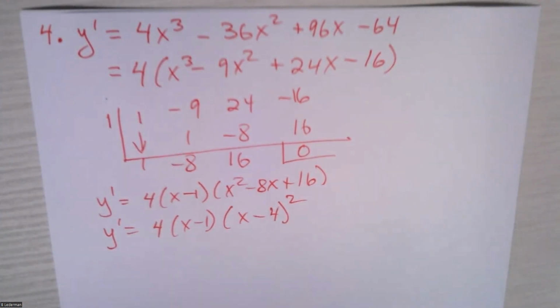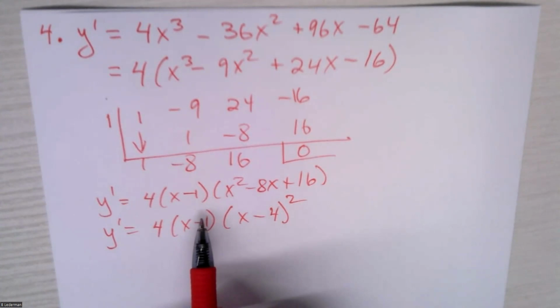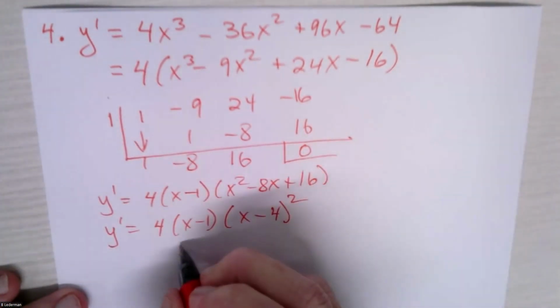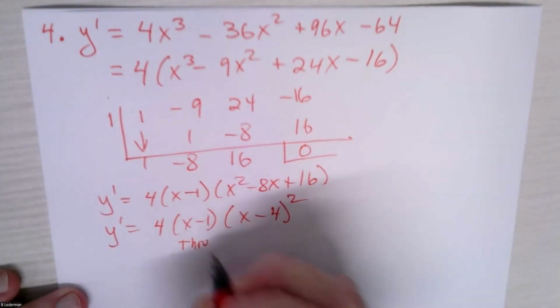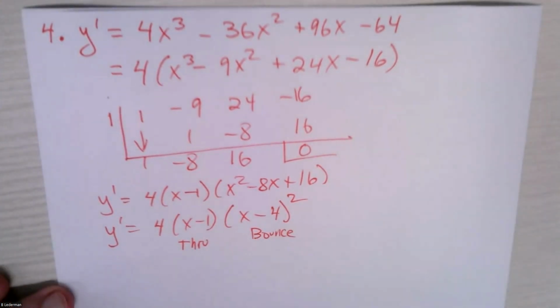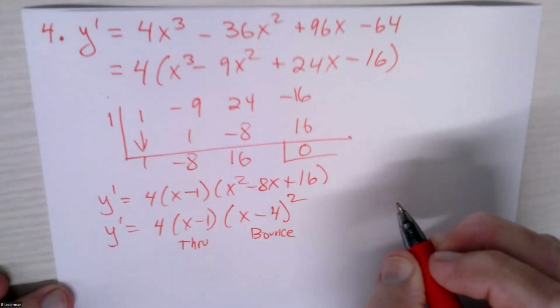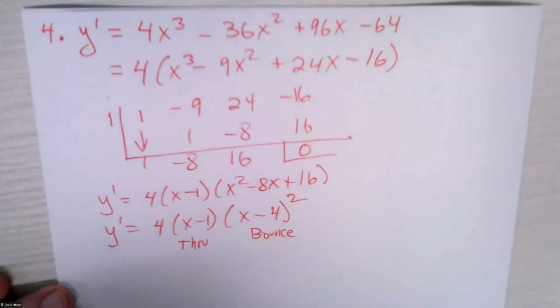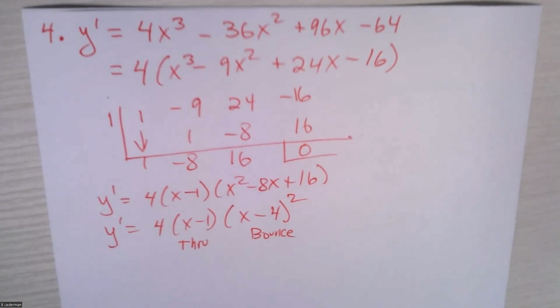Well, that means it's going to go through at x equals 1, and it's going to bounce at 4. I'm sorry, I take it back. I had a mental lapse for a second.